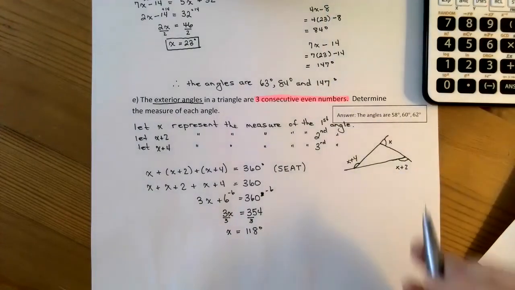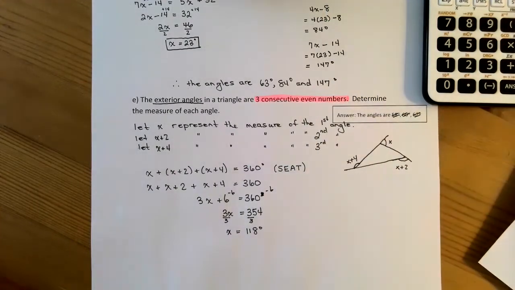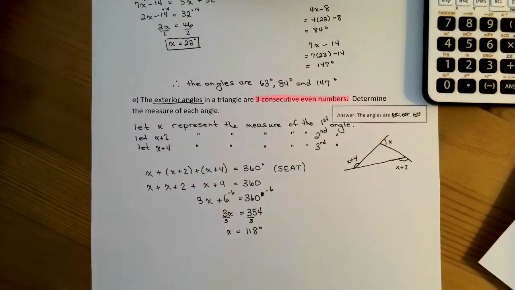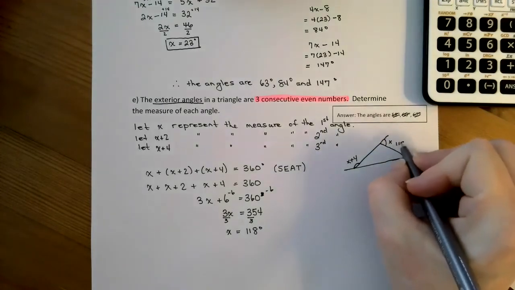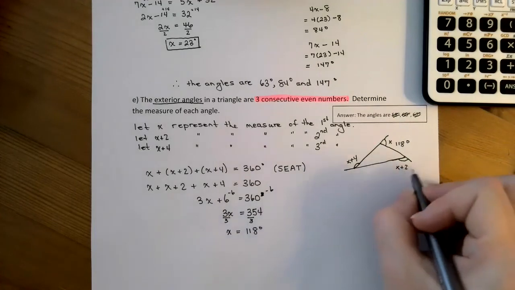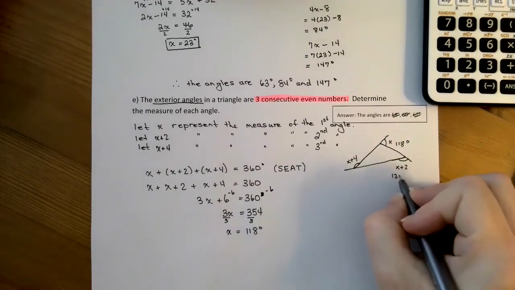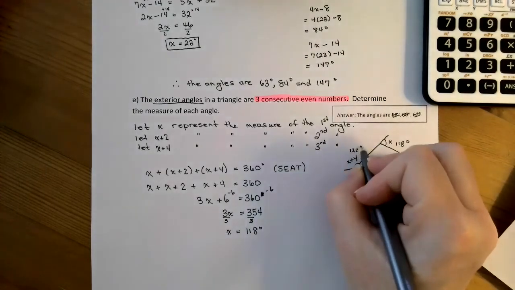So, again, these answers are off, so let's go ahead and change those. I know what x is, so this is 118 degrees, and x plus 2 is going to be 120 degrees, and this one is going to be 122 degrees.